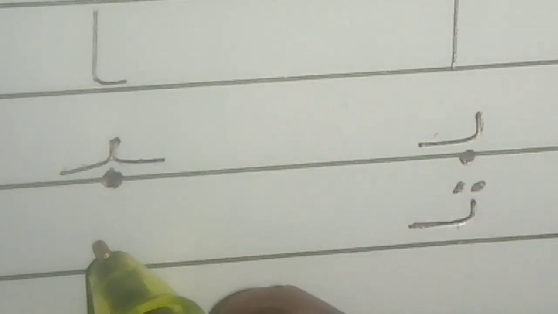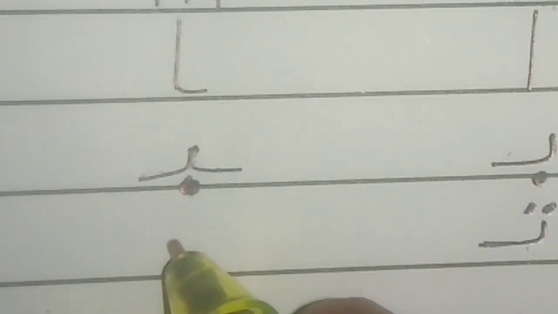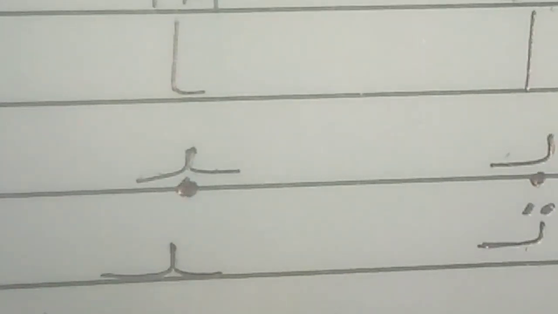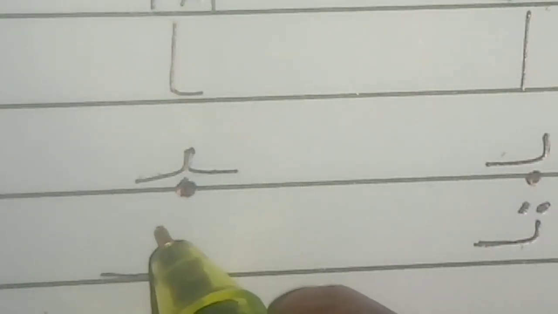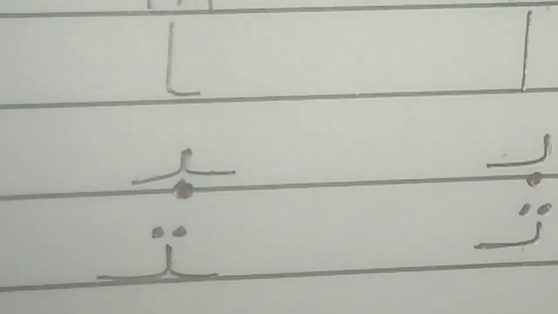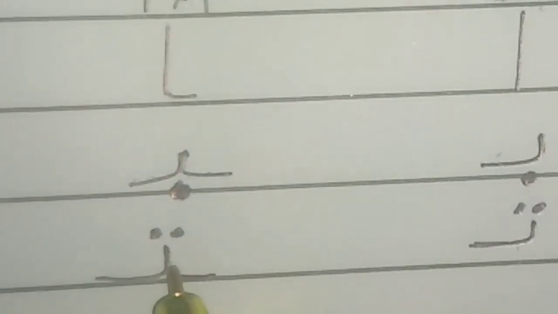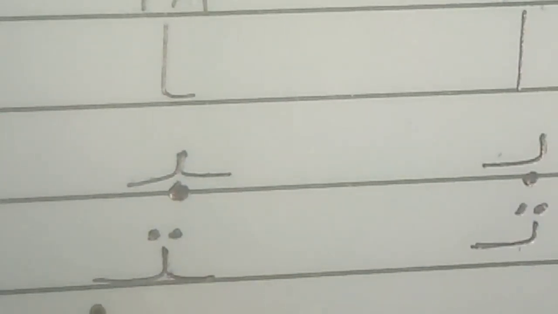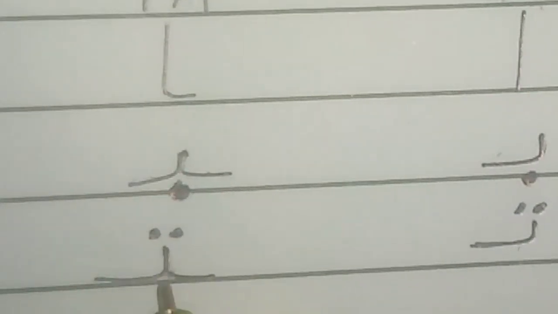Now at the middle, it takes the same form, with two dots above it. It connects to both the right and the left.